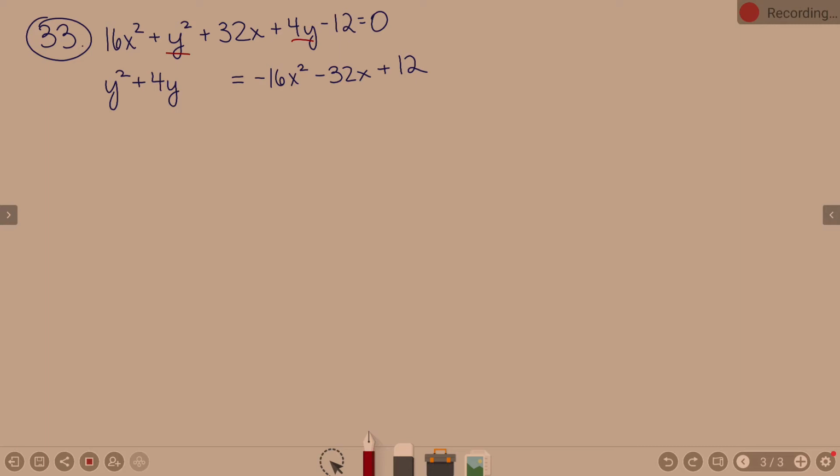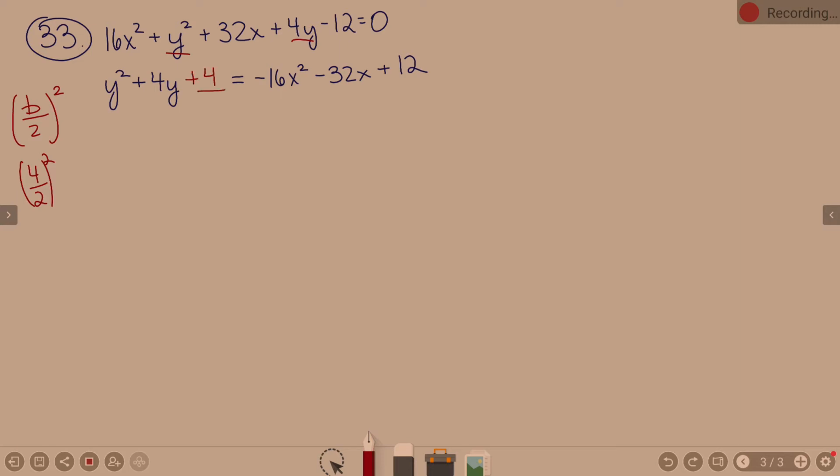So then you're going to use your b value: b divided by 2, and square it. In this case, what is my b? My b is the number in front of y, so b is 4. So you're doing 4 divided by 2 and squaring it. 4 divided by 2 is 2.